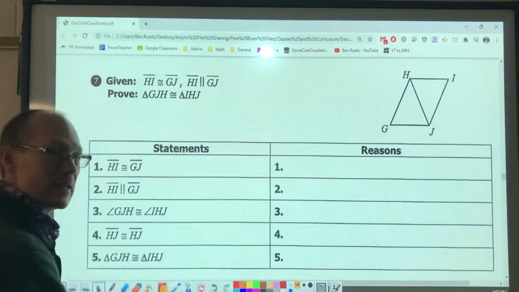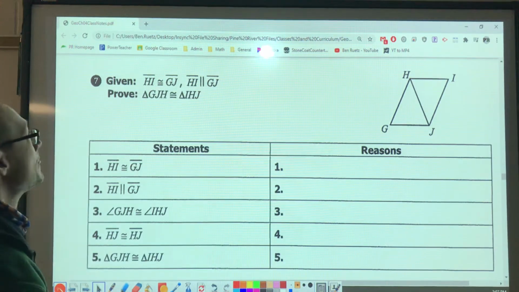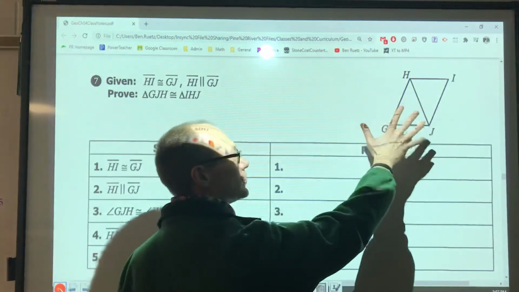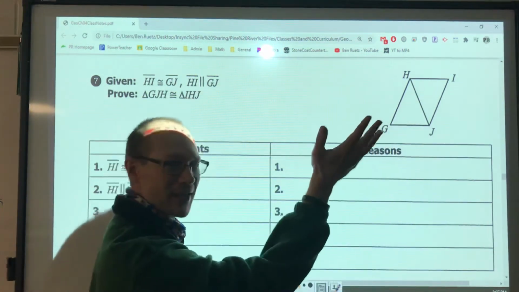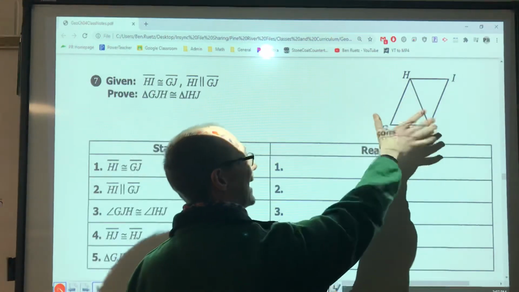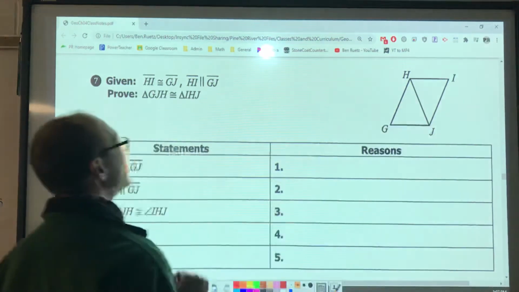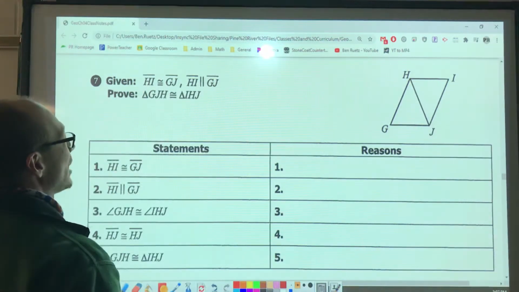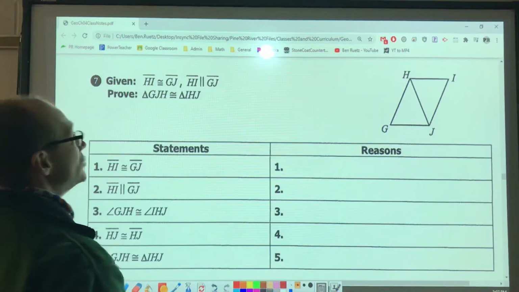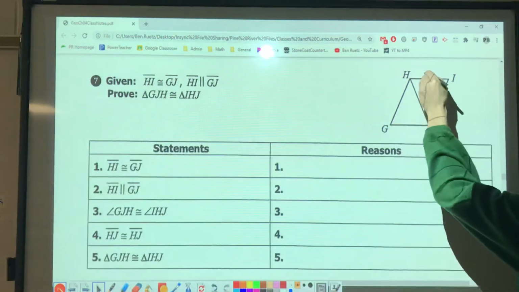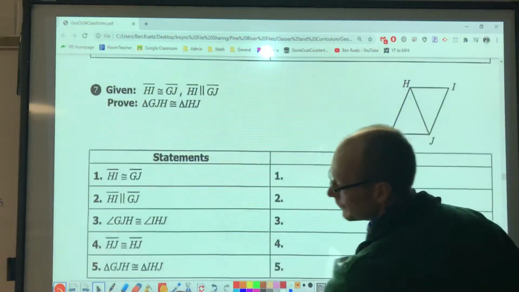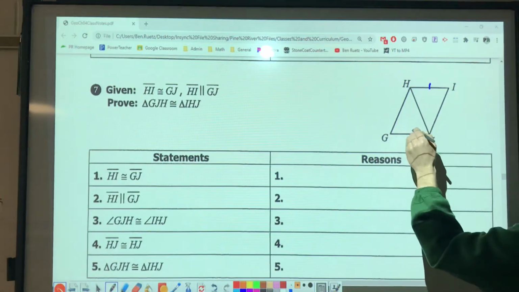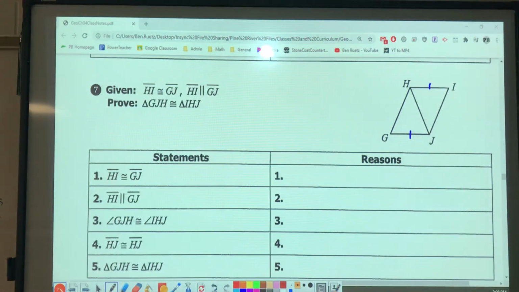You can read the reasons in the answer key, but let's see if we can figure out how to annotate, maybe talk to the triangles as Miss Barb would have us do. Annotate this triangle picture with these right here. It tells us that side HI is congruent to side GJ, all right?